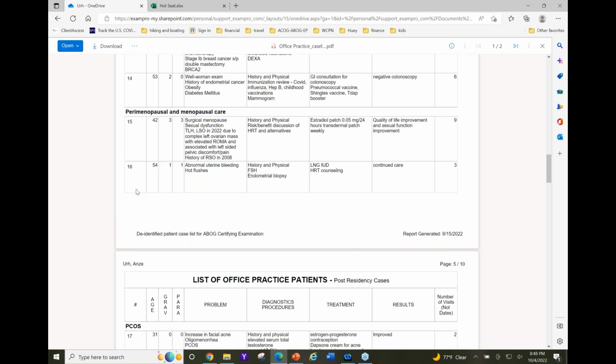Also the benefit of things like acupuncture, and I think I mentioned exercise. Okay, when we talk about non-hormonal treatments, what treatments are you referring to? SSRIs, for example, paroxetine, venlafaxine.